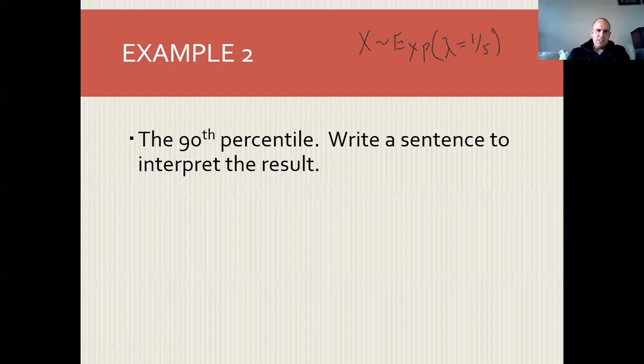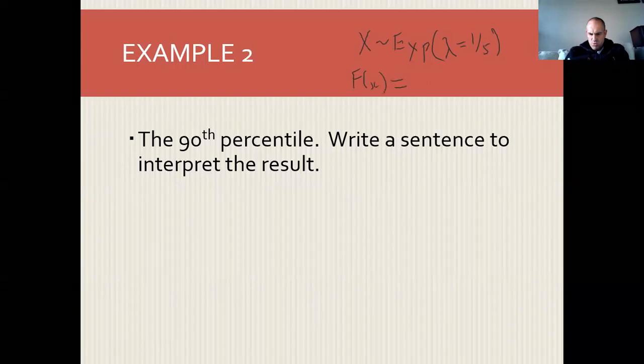So the CDF is equal to 1 minus e to the minus x over 5. And we want the 90th percentile.